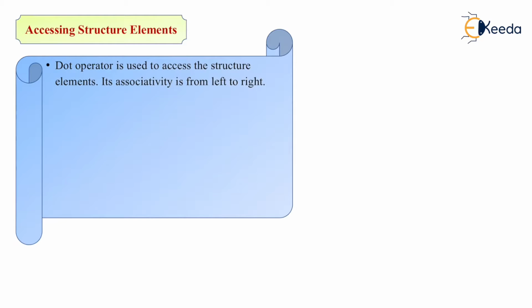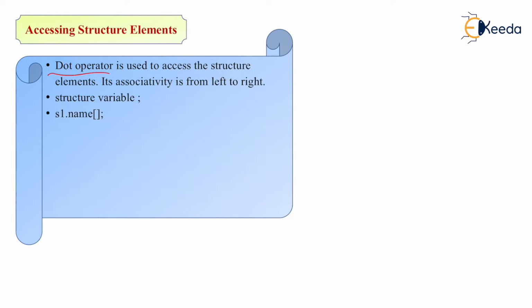Next, accessing structure elements. The dot operator is used to access the structure element. Its associativity is from left to right. Structure variable s1 dot name, so it always starts from left to right.